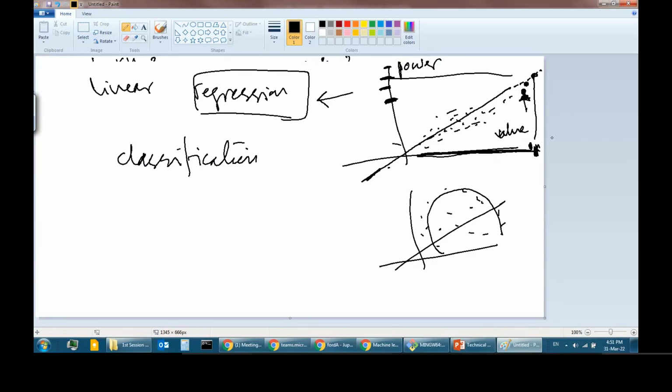So you look for the regression algorithms. You have linear regression. You have different techniques to do regression. Neural networks can be used to do regression. There are different algorithms that can do regression. Even SVM can do regression.